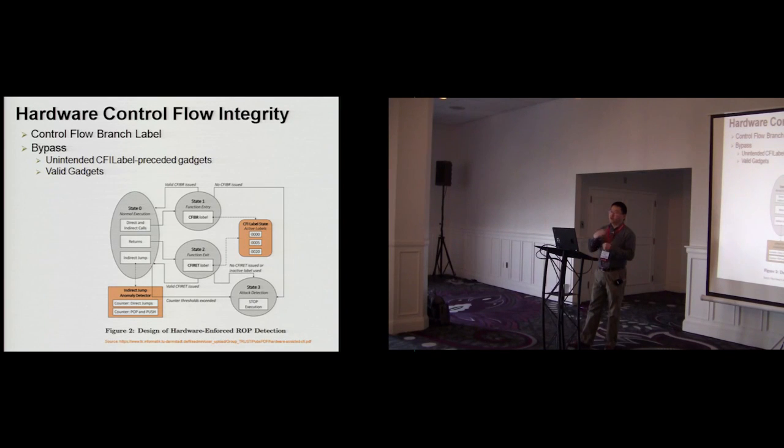So for example, return to the call-preceded instruction, the call calls to the function entry, and the jump lands at a place with the call label, this kind of thing. That all belongs to valid gadgets. That means in the future, if we have this kind of capability, you have to use valid gadgets to initiate the attack. Otherwise, it doesn't work, right? So today, if you look at the real attacks, they are almost all based on unintended gadgets.